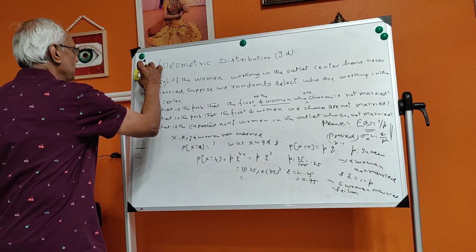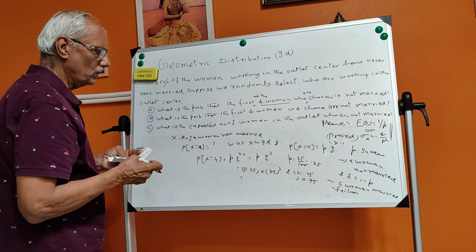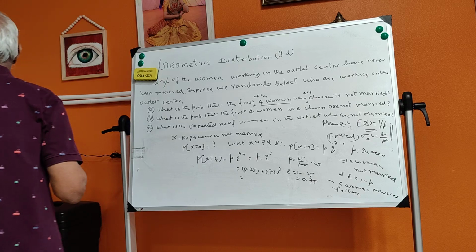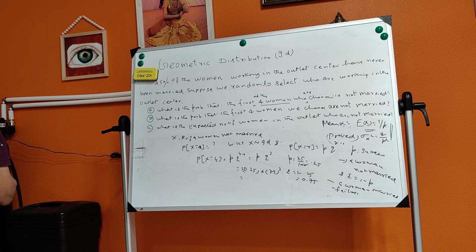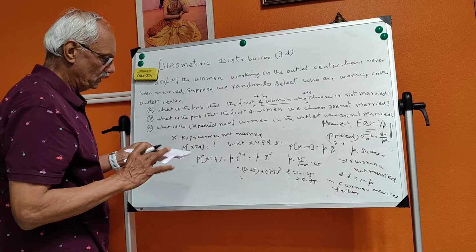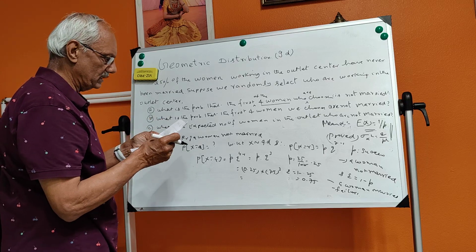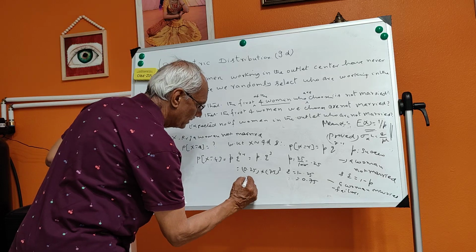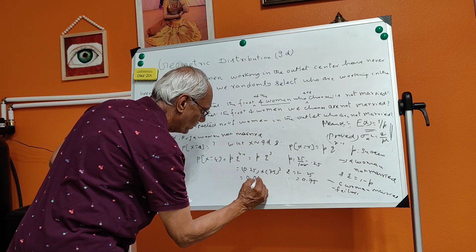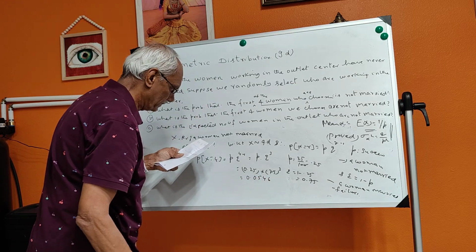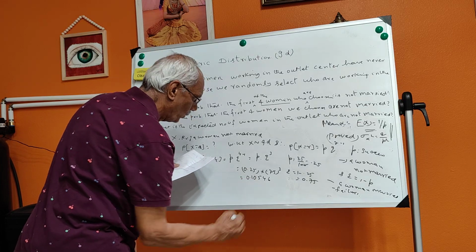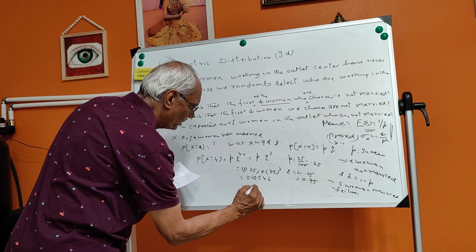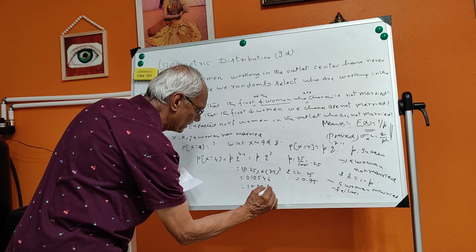I will just give you the answer because these are workings you can do using the calculator. The answer you get here is 0.10546, that is equal to 10.55%.